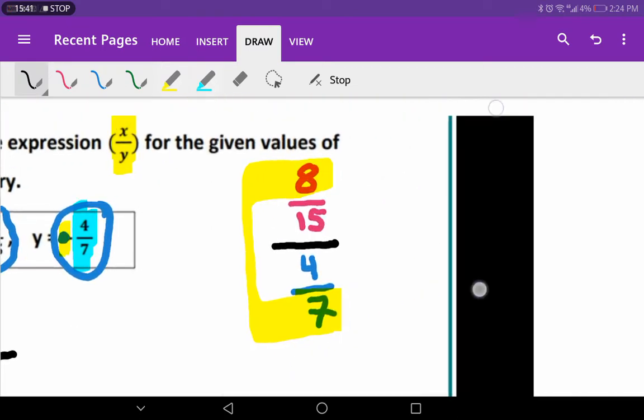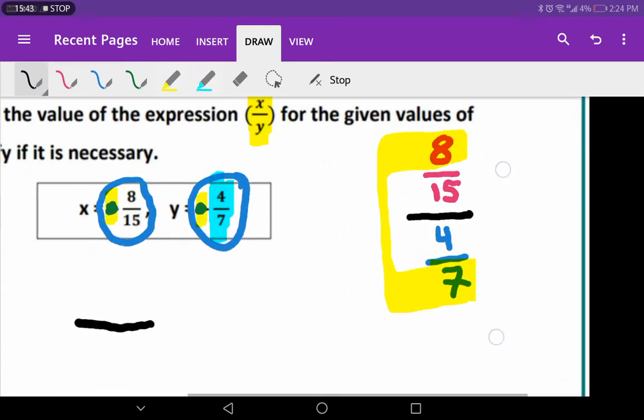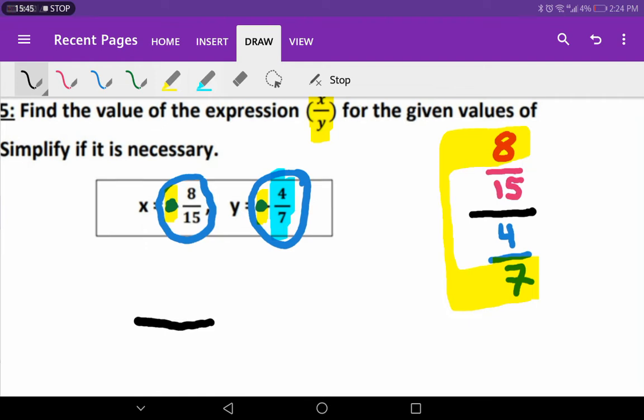Okay, 8 multiply 7 equals 56. And I multiply the nearest values. 15 multiply 4 equals 60. This is the answer, we're done.